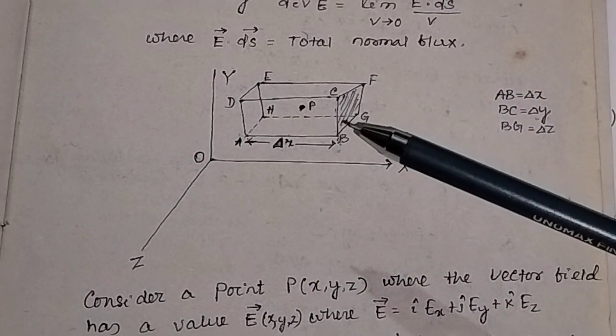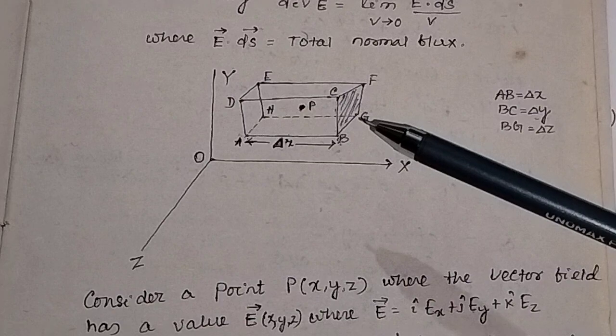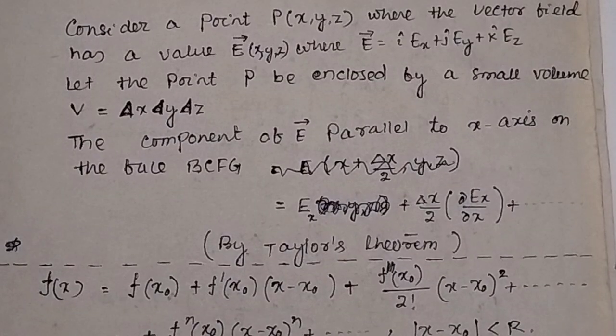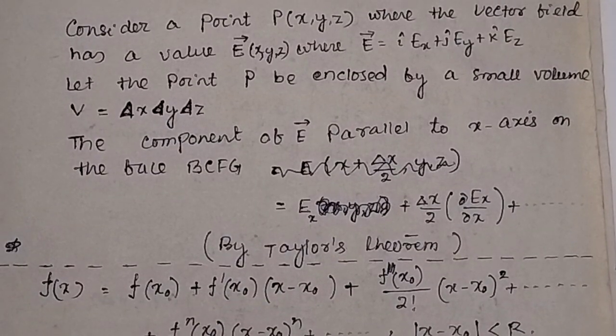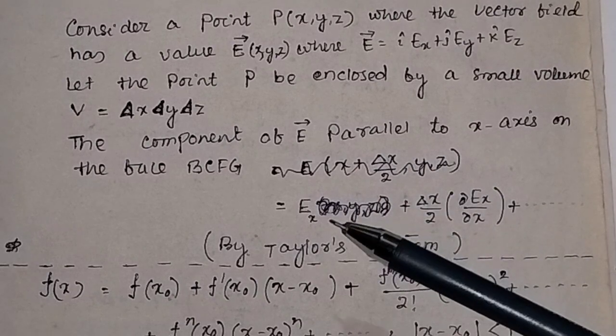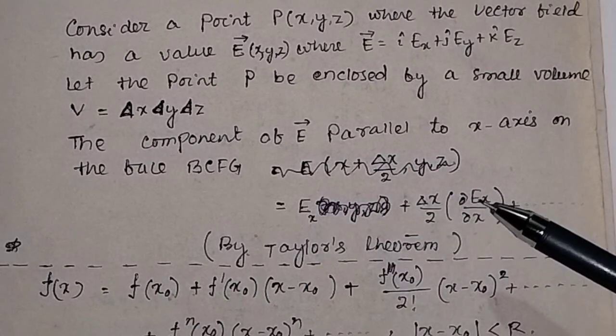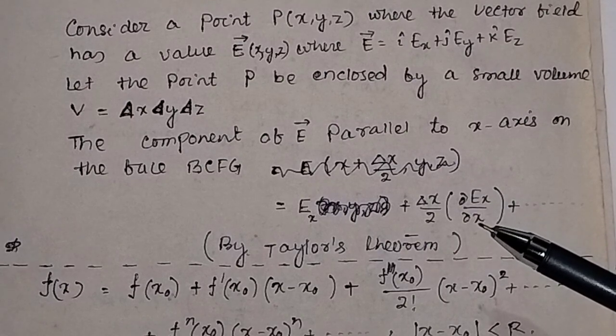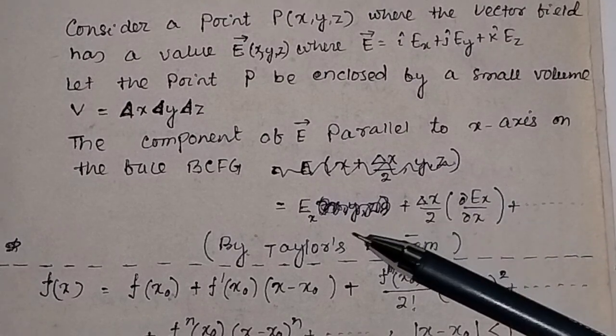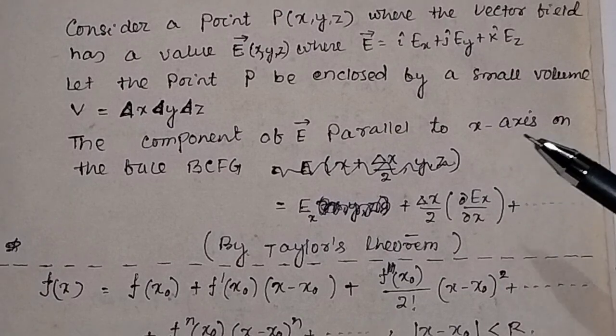Let us first calculate the total flux along x direction. The flux along x direction will be equal to Ex plus delta x divided by 2 into del Ex divided by del x. I will find out this flux, the flux along x-axis.